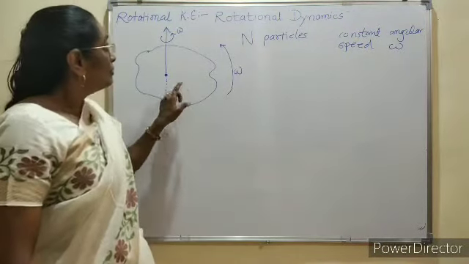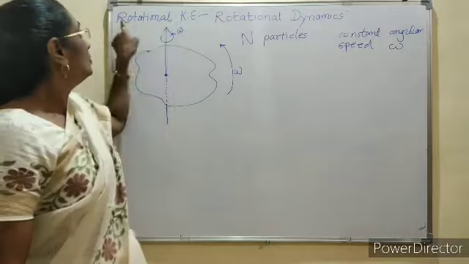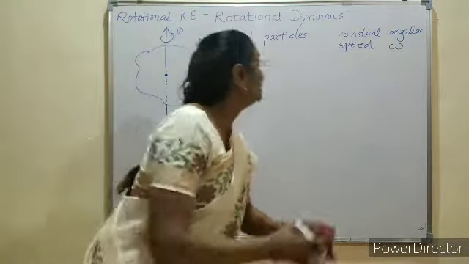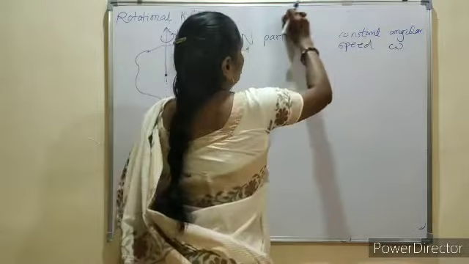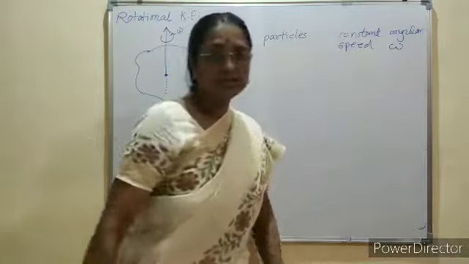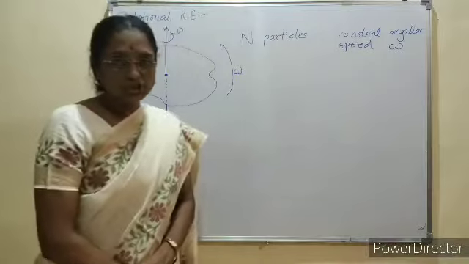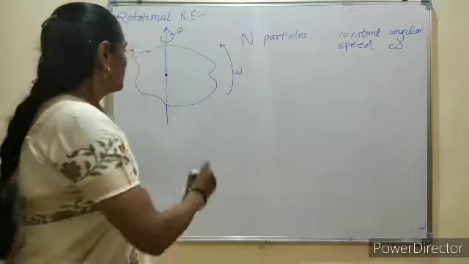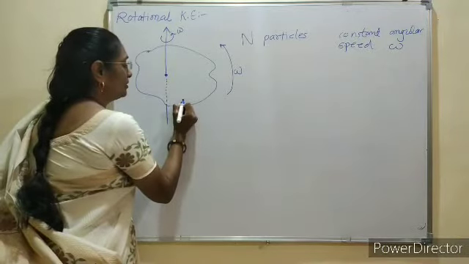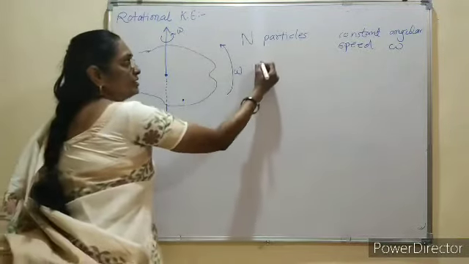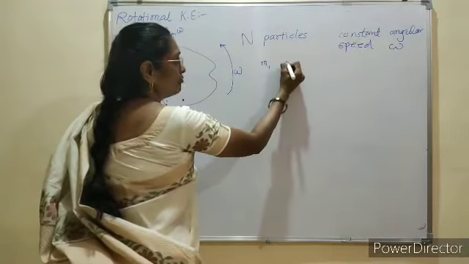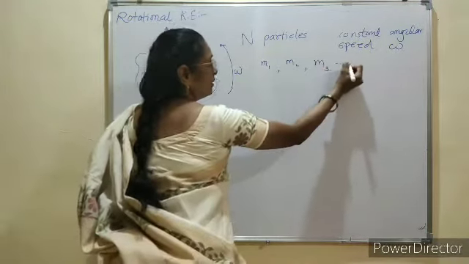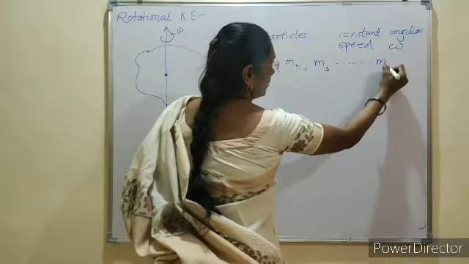Now we want to derive the relation for rotational kinetic energy. For that, we proceed by considering linear velocities of different particles in the body. So we consider here n particles having masses m1, m2, m3 up to mn.